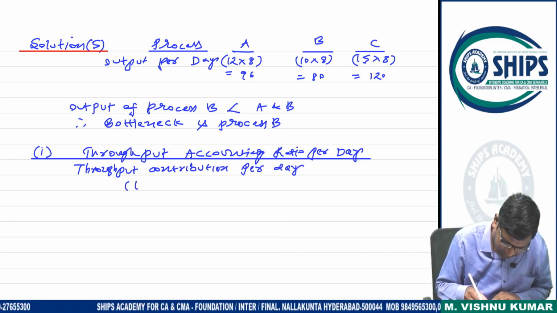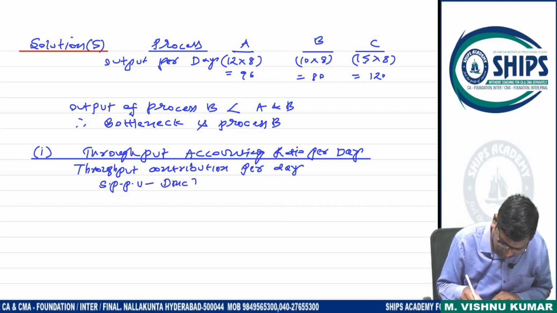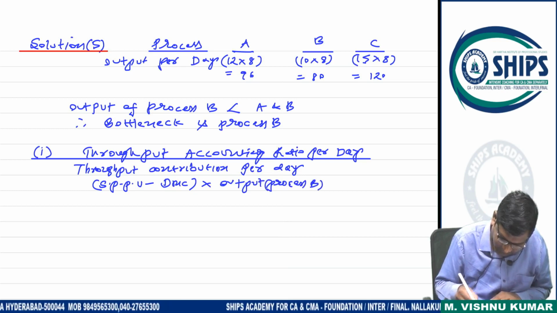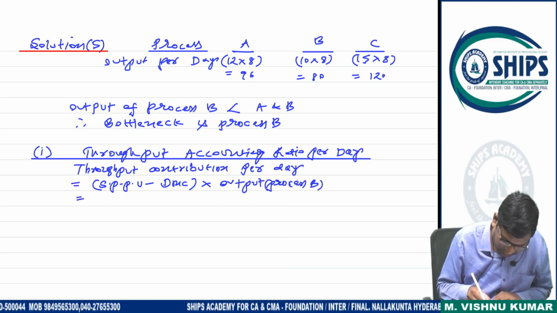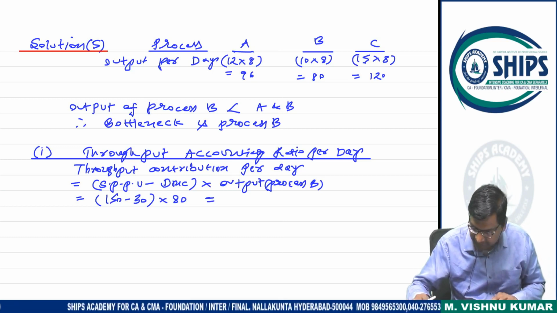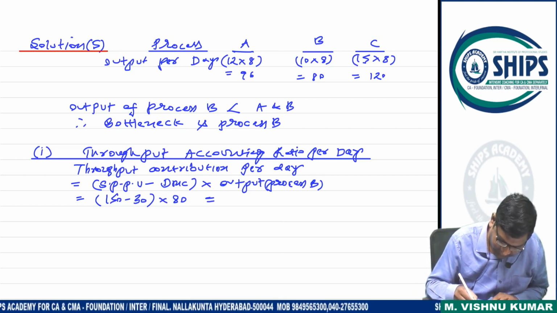This is selling price per unit minus direct material cost, into output of process B. So this is 150 minus 30 into output of process B, which is 80. So 120 into 80, 9600.